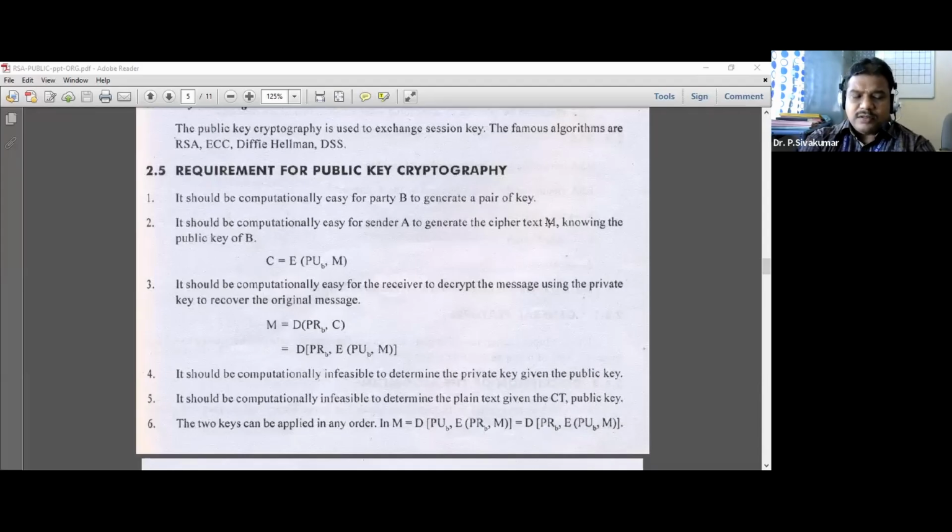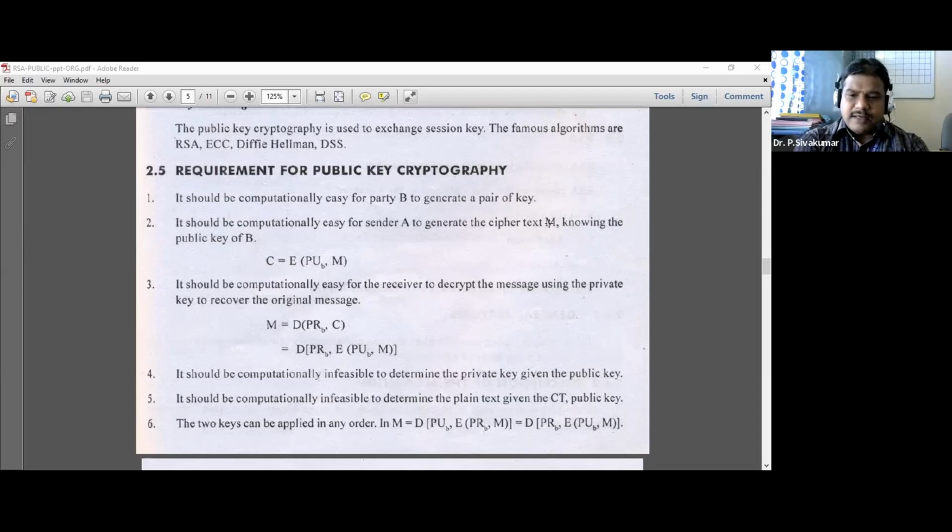So you can see the fourth and fifth points: even if you have the public key and the ciphertext, it is infeasible to determine the plain text and private key. That's why they are points 4 and 5.